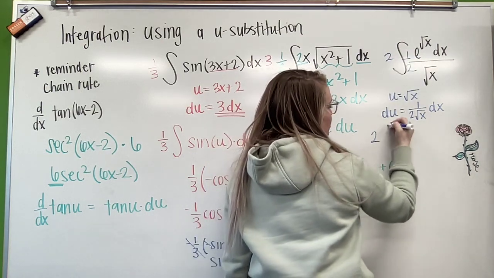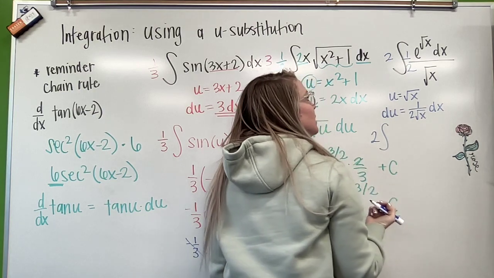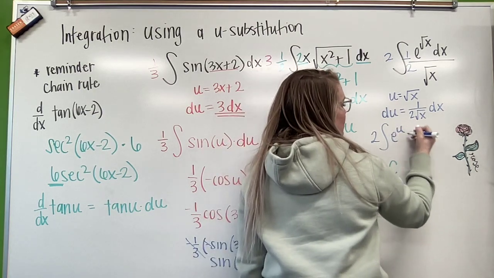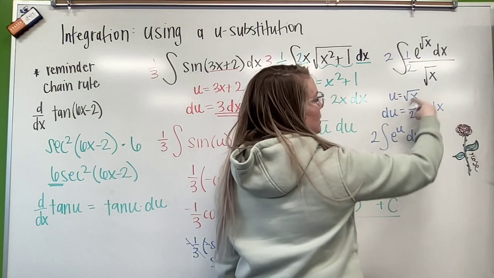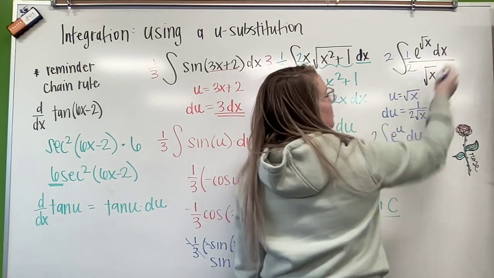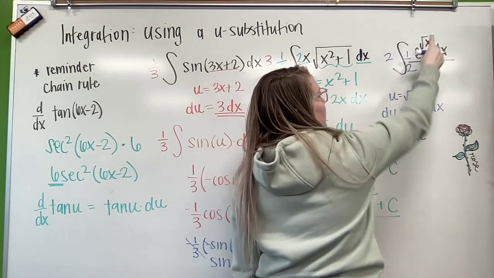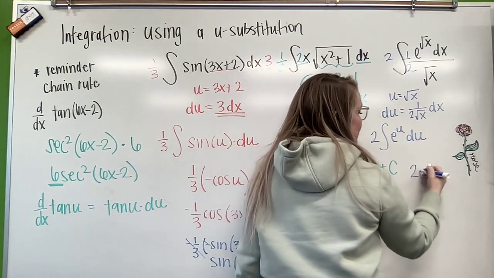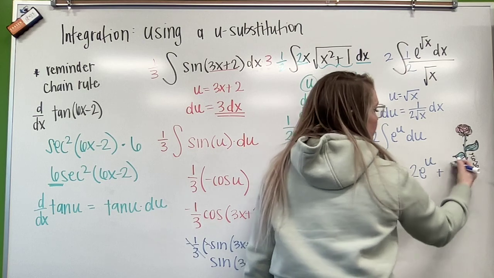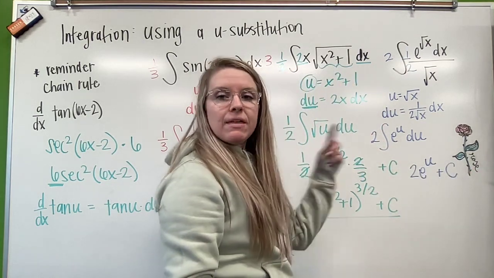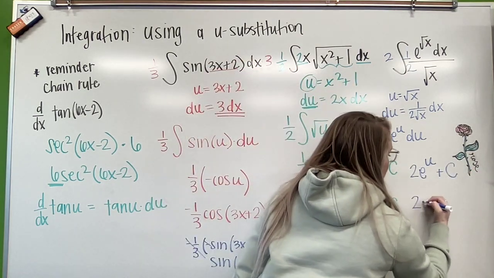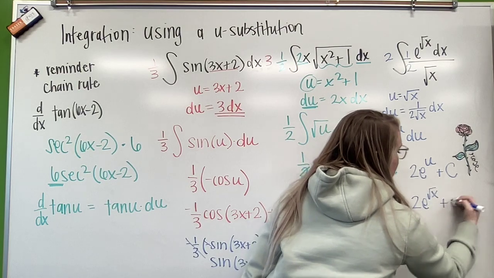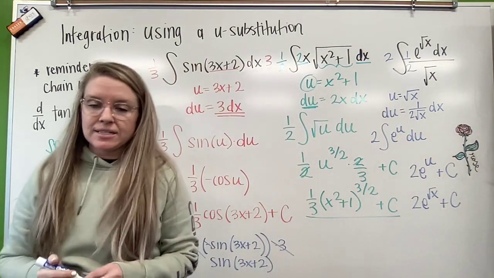So this becomes 2 times the integral of e to the u du. I replace this with my du and my square root of x with u. Anti-derive e to the u, that is e to the u plus c. And then I'm going to substitute that back in. I get 2e to the square root of x plus c, and there's my antiderivative.